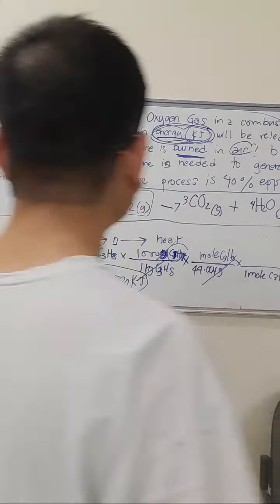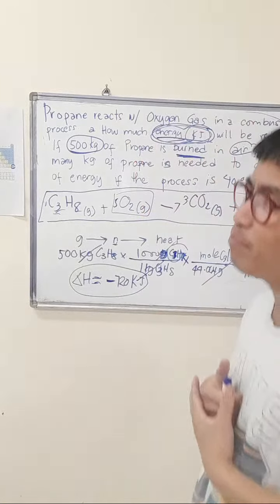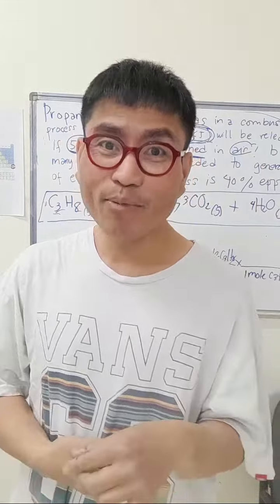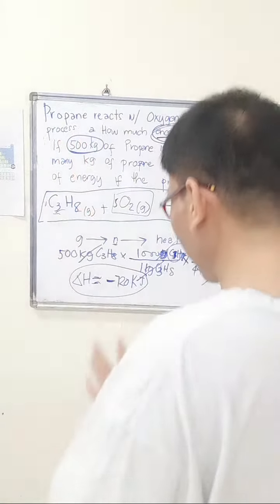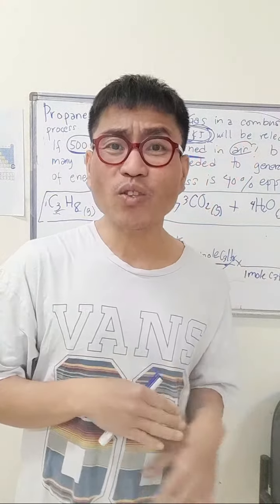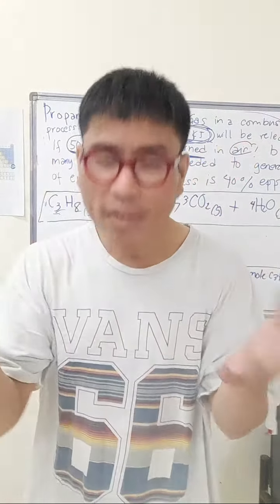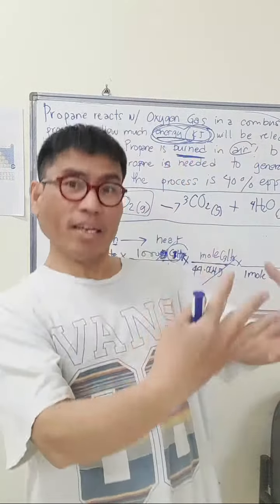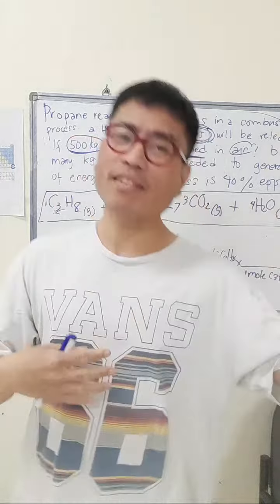Meaning to say, the heat is absorbed by the surrounding. So, this is negative because the heat is released to the surrounding from the system, or the heat is absorbed by the surrounding from the system.